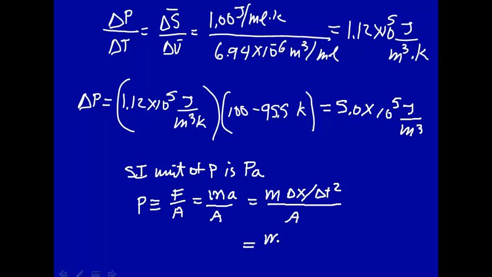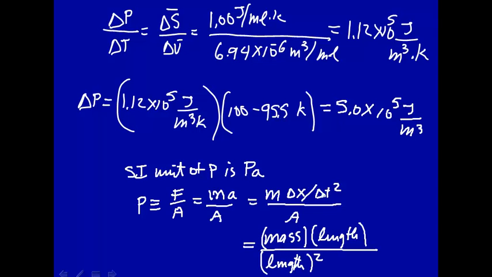So mass times length divided by area, which is length squared, and this would be the SI units of time squared. Let's simplify that a little bit first. That will be mass, one of the lengths cancels out, over length times time unit squared.